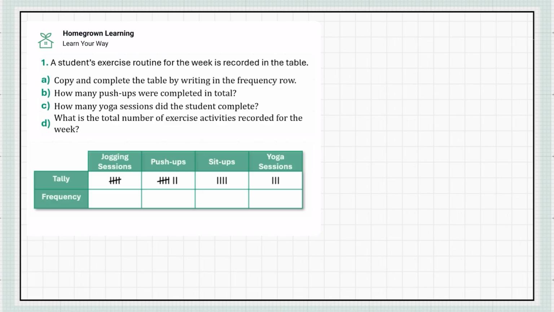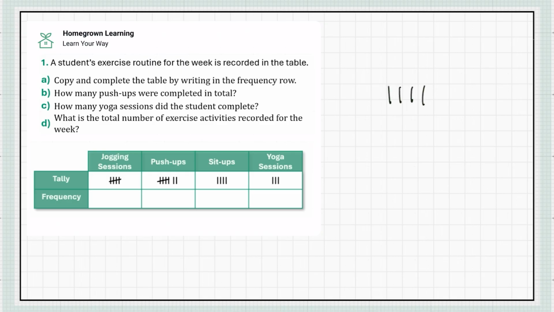Our first one is on a student's exercise routine for the week. Now I've already given you the tallies, and if you're not familiar with how a tally system works, it's just whenever you see a particular event occur, so say there was one jogging session at the start of the week, we would put down 1 mark, and for every subsequent jogging session we would keep going.